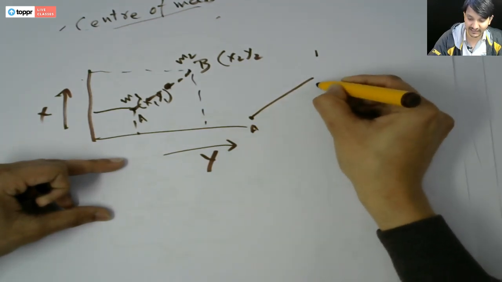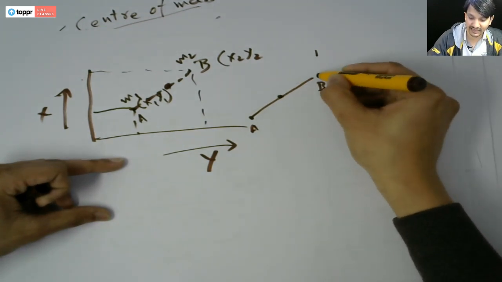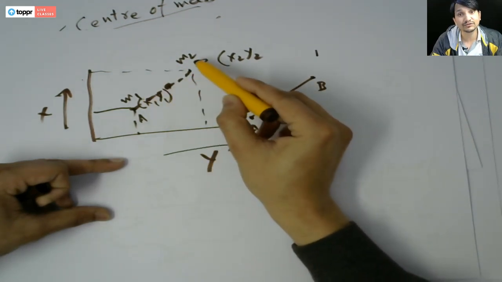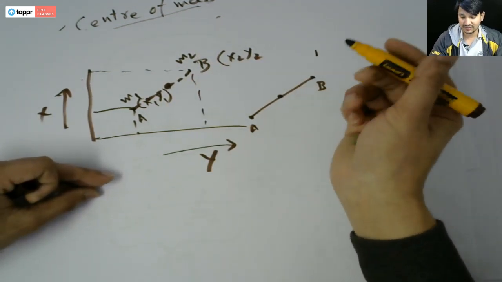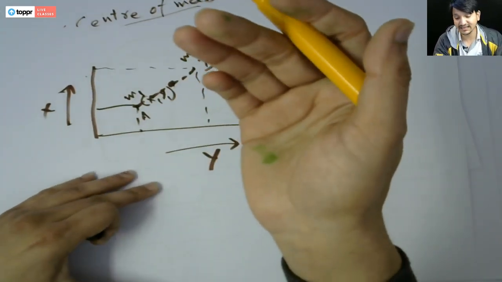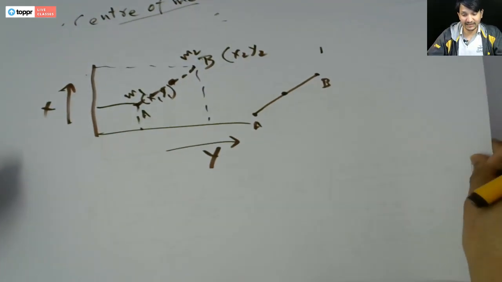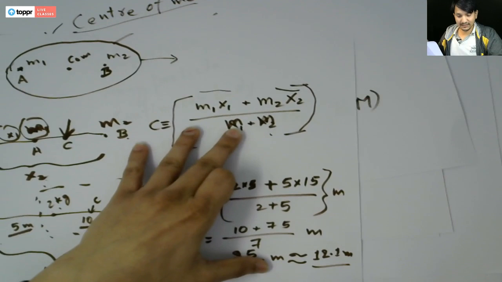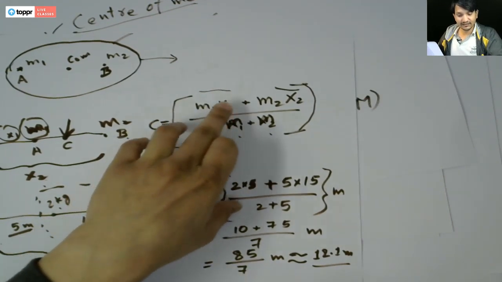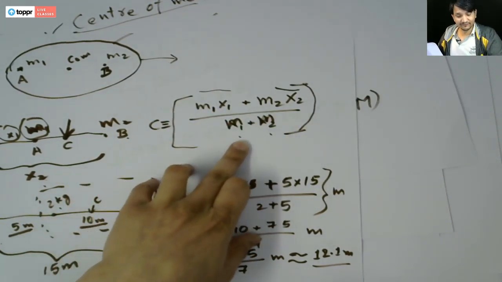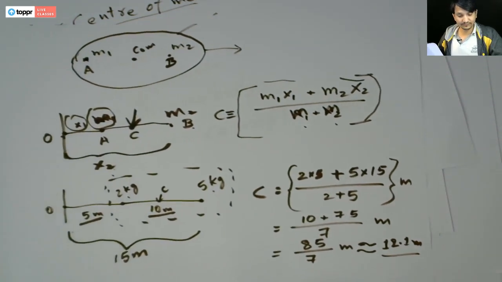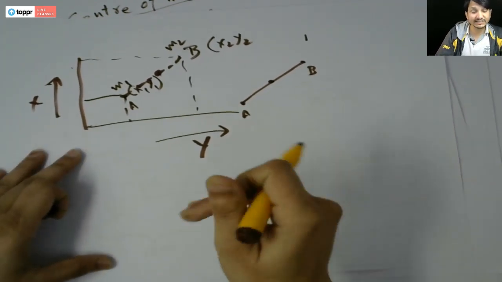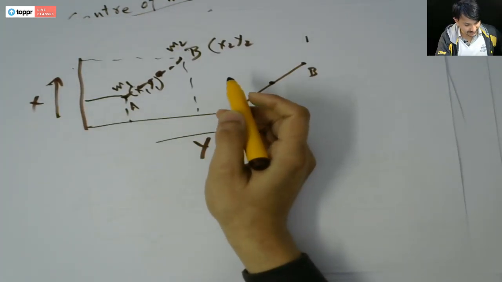It will be something like AB, and C will lie somewhere in between depending on कि m1 और m2 के बीच का रेशियो क्या है. तो जैसा हमने सिर्फ x कोऑर्डिनेट्स के साथ किया था, like you can see m1 x1 plus m2 x2 divided by m1 plus m2, वही चीज हम x और y दोनों के साथ करेंगे.